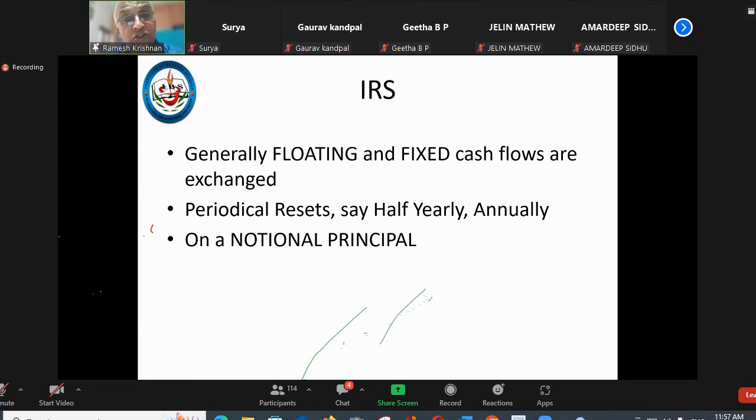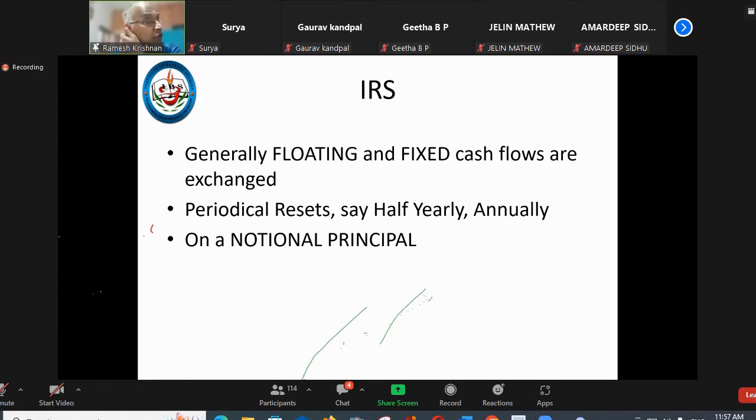For this notional principal, you will pass a contra entry, a contingent liability entry, in your balance sheet. And in your module D, you will learn for CRAR purposes how this 1,000 crores notional principal will be equated to a certain number of assets in your balance sheet through a credit conversion factor.